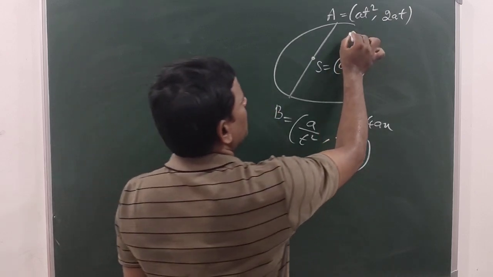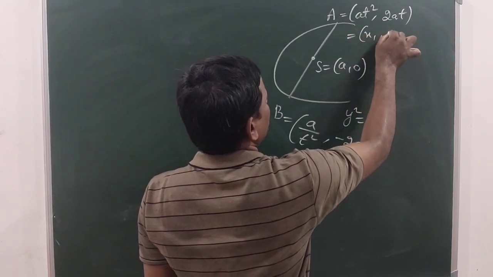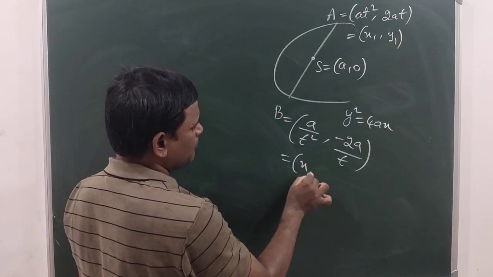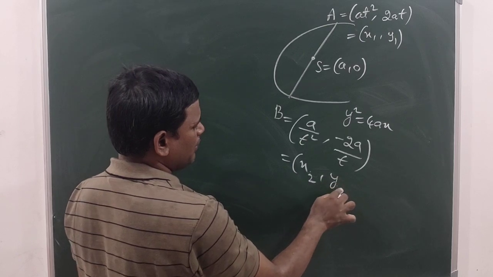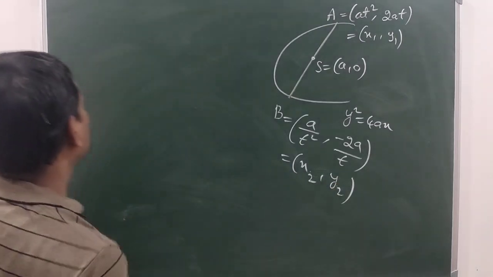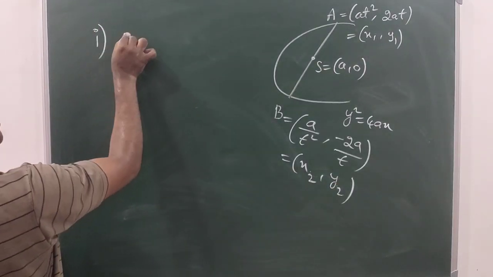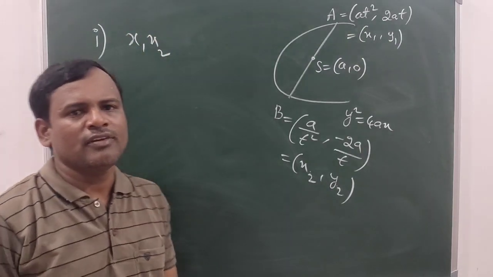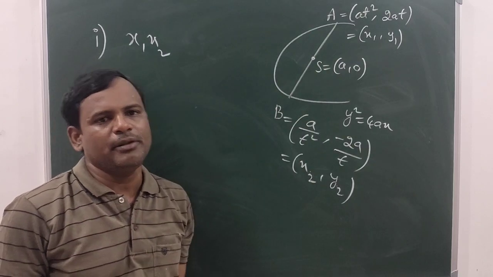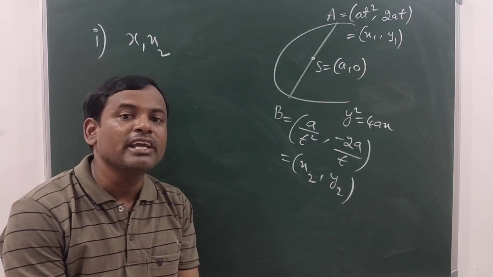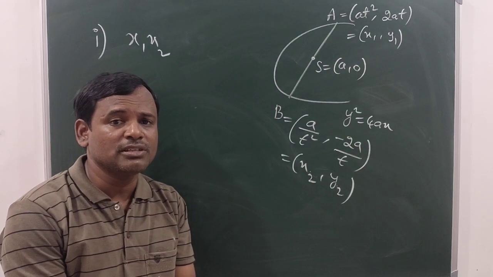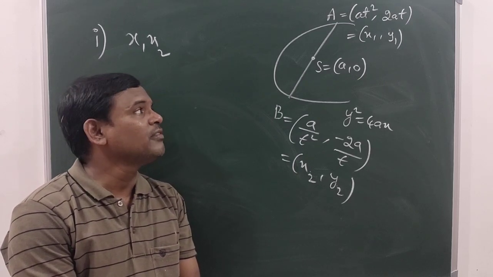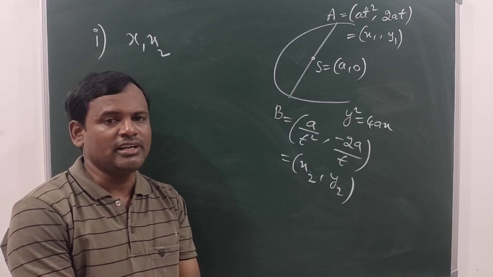In the Cartesian form, how do we take? (x1, y1), (x2, y2). Now my question is, take the product of abscissas of A and B. You know the meaning of abscissa. The x coordinate, another name is abscissa. What is ordinate? The y coordinate of a point is known as ordinate.